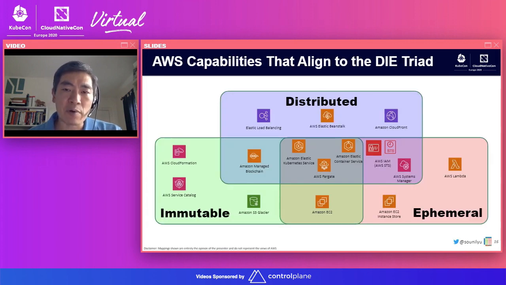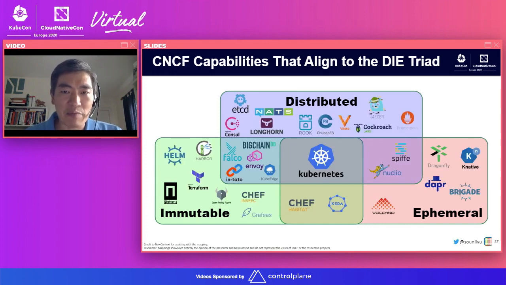And so here's an example of some of the capabilities that are native to AWS that align against the DIE Triad. So in each of these different buckets, we see things that help you become more distributed, or help you become more immutable, or help you become more ephemeral, or a combination thereof. And we tried to do this also with the CNCF capabilities.